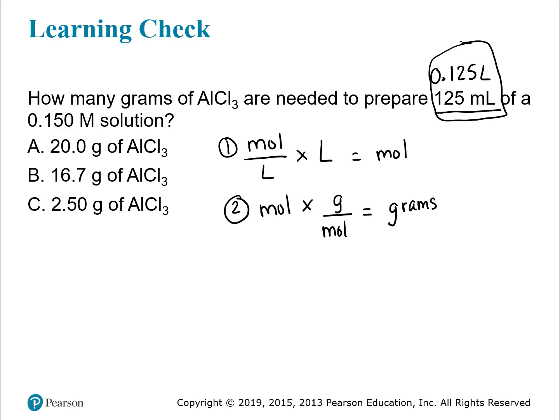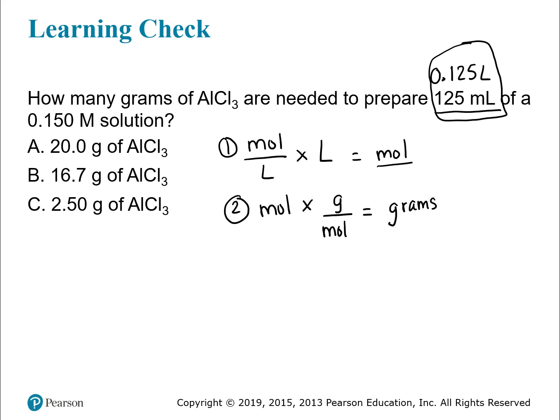To solve the problem, you have to take your molarity, multiply it by the volume to get the number of moles you need to make the solution. You can't measure moles, but you can measure mass in grams. So you take your moles and multiply by the molar mass to get grams.